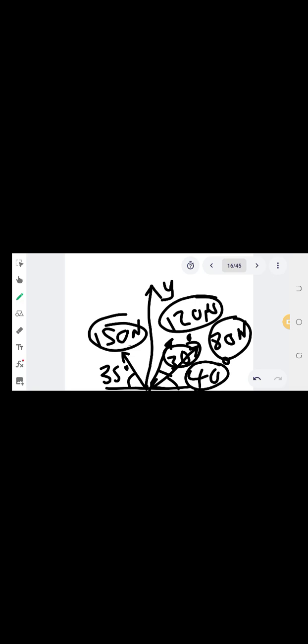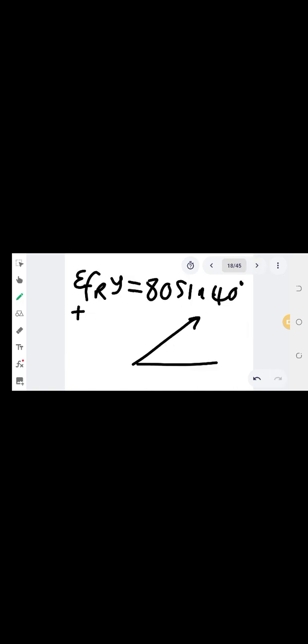From the x-axis up to this force, we are making an angle of 70. Then this is 120 newtons, here we have got the x-axis. So we are looking for this side, and that side is the opposite.